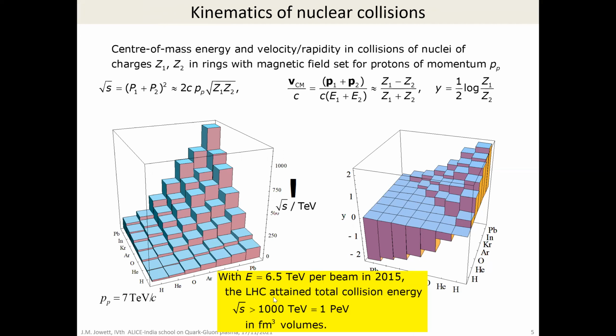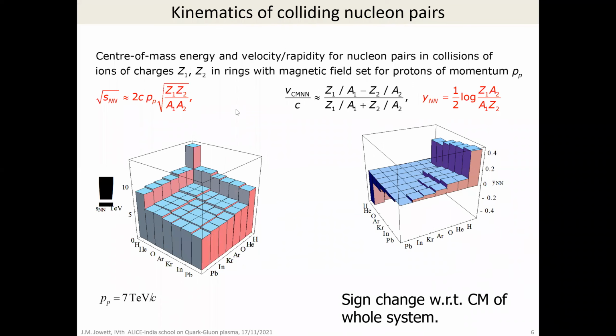Actually, it's nice to note that when we reached 6.5 Z TeV per beam in 2015, the LHC actually attained a total collision energy of just over 1 PeV, so a very large quantity of energy in cubic centimeter scale volumes. Of course, if you look at colliding nucleon pairs, which is usually done by the experiments, you have to divide everything through by the A's, and the center of mass energy is lower.